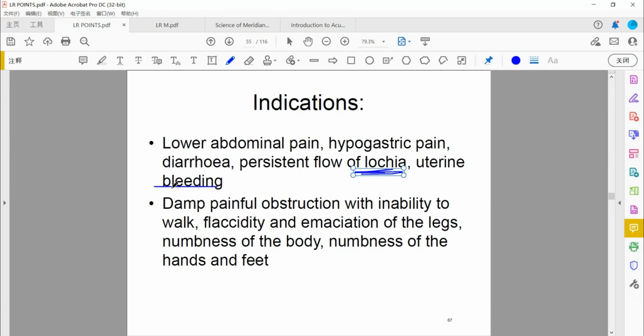Bleeding disorder. Damp painful obstruction with inability to walk. Painful obstruction, for example, arthritis.